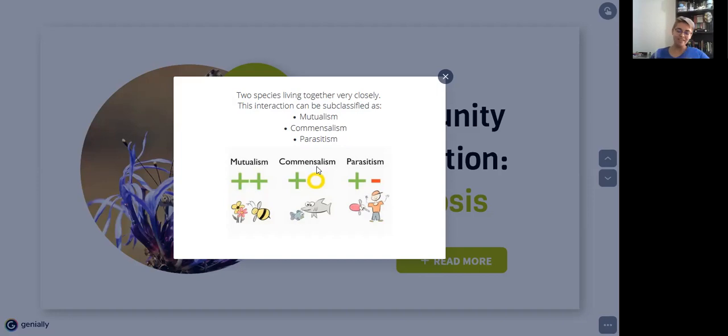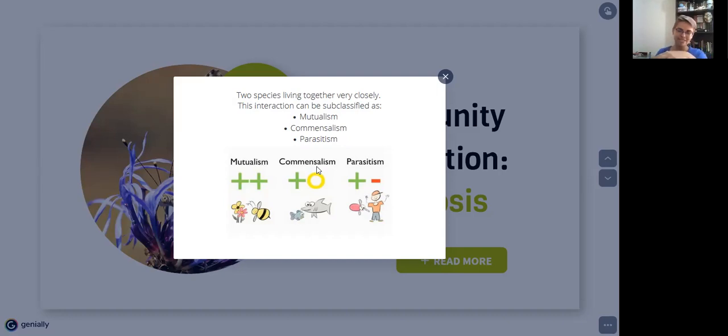And finally, we have parasitism. That is when someone is getting a positive thing from this and the other one is getting affected, like, for example, you and your ex. No, okay, well, think about mosquitoes or lice or something like that.